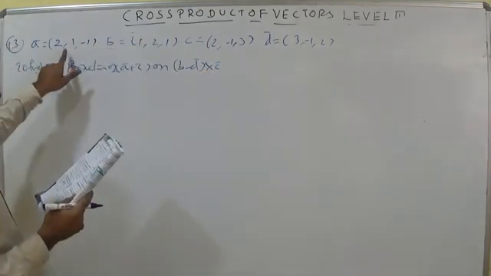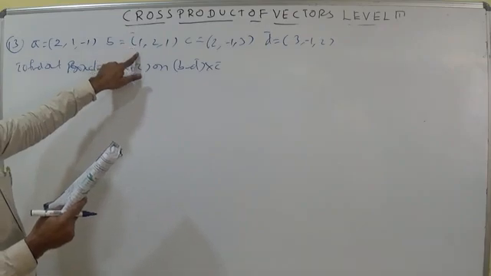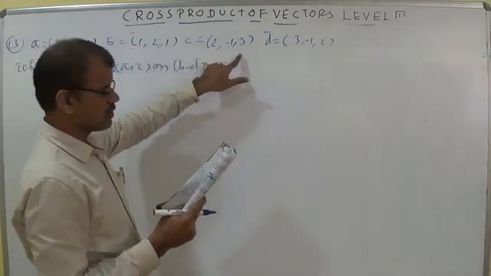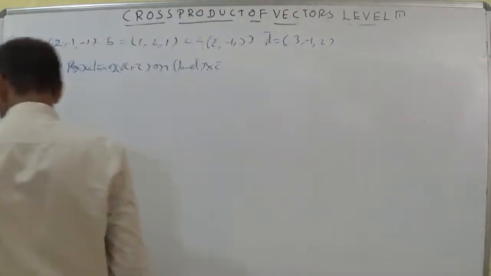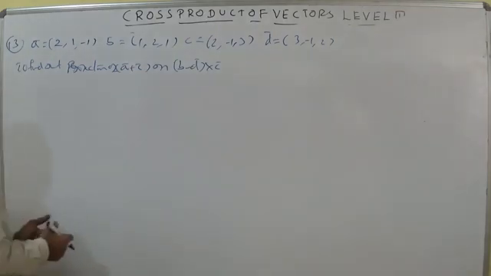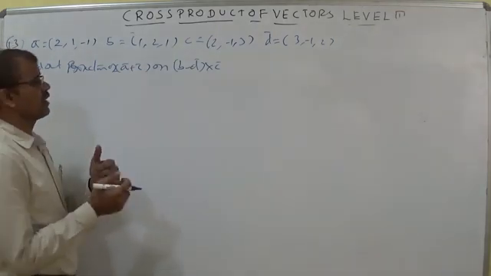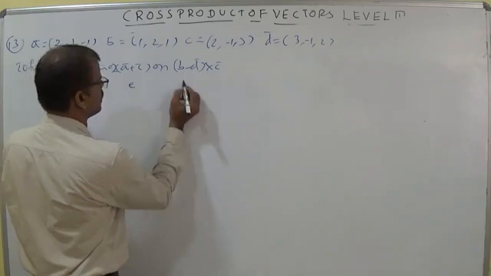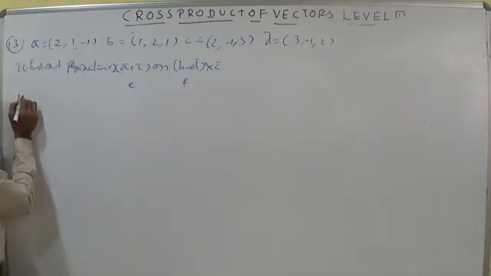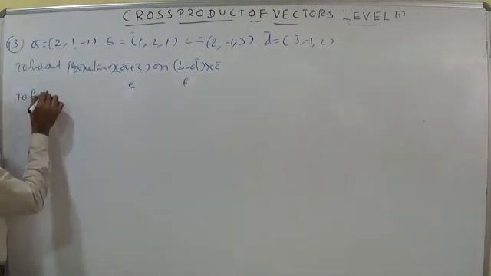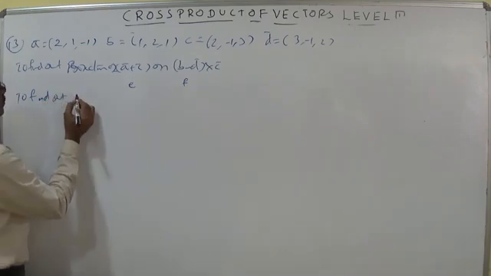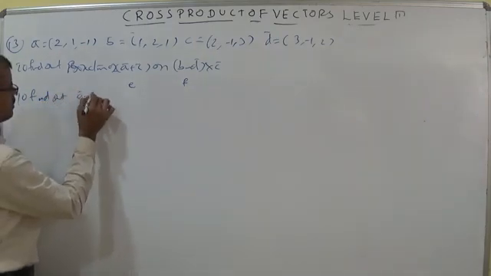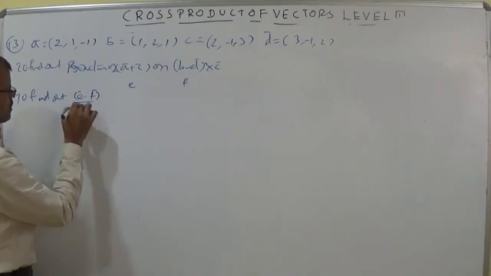The data: A is 2 comma 1 comma minus 1, B is 1 comma 2 comma 1, C is 2 minus 1 3 and D is 3 minus 1 2. There are 4 vectors. You should calculate the projection of the first vector on the second vector. Let it be E and let it be F. To find out, we should calculate E bar dot F bar by modulus of F bar.